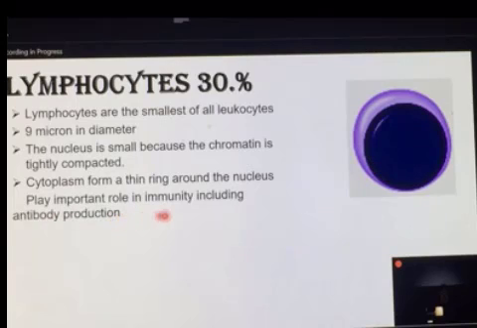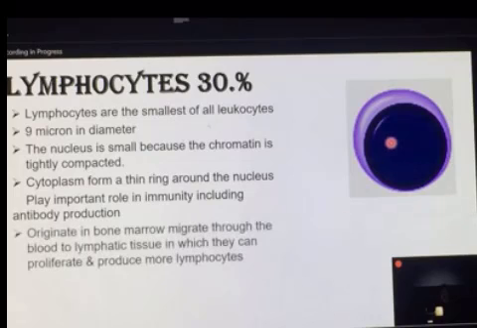They play an important role in immunity, including antibody production. The lymphocytes are the cells which are responsible for the production of antibodies. They originate in the bone marrow and migrate through the blood to the lymphatic tissue, in which they produce more lymphocytes. They can make their copies.